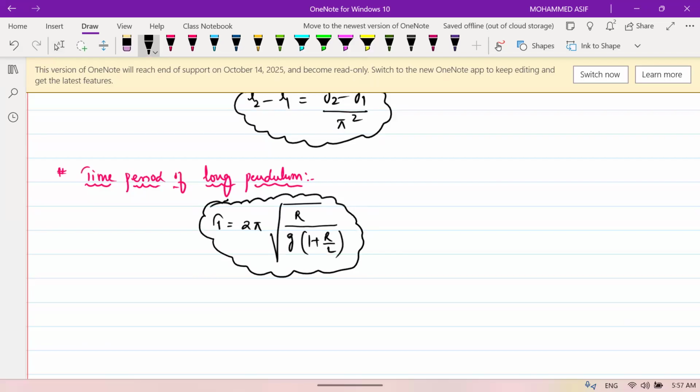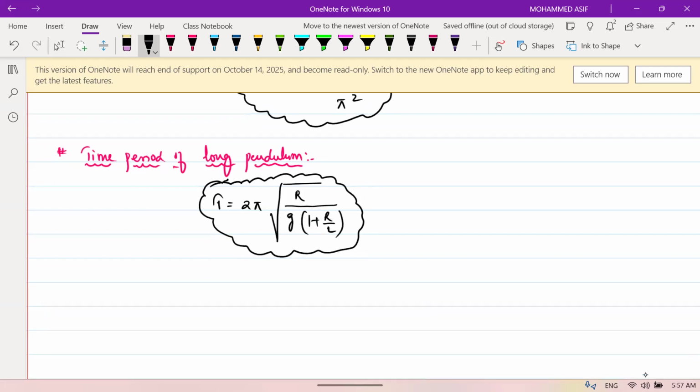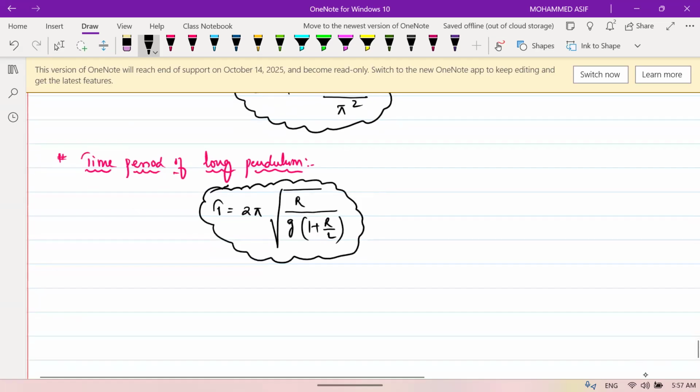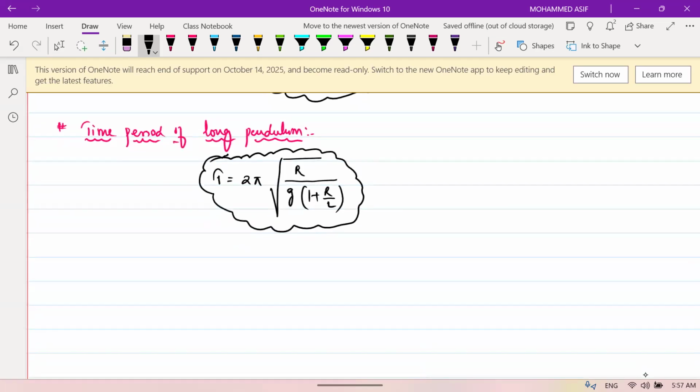If the length is infinitely long, then what will be the time period? The length will become infinity. I'll derive it later. Just remember the formula.